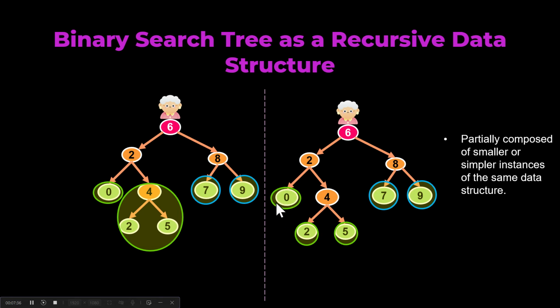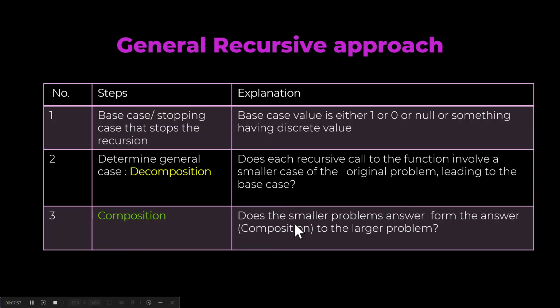It has no further child node, so they are all leaf nodes. So from here you can see that you can further break down this tree into further subtrees until we get no node or only a single node, no further child node. So therefore binary search tree is a recursive data structure. So using this concept, we are going to use the recursive approach.